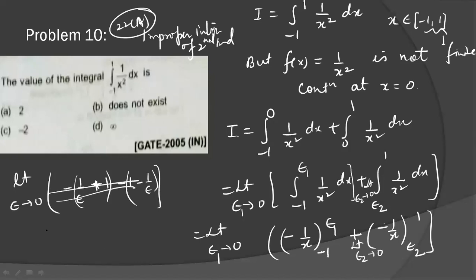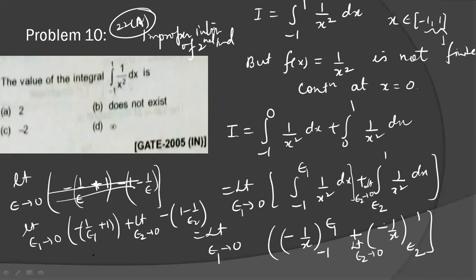So it will tend to limit epsilon 1 tending to 0 of minus 1 over epsilon 1 plus 1, plus limit epsilon 2 tending to 0 of minus 1 minus epsilon 2.